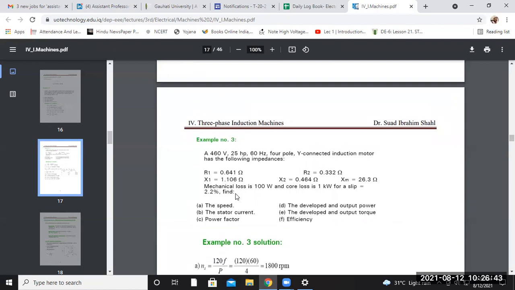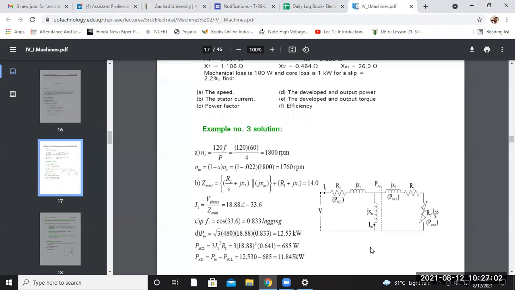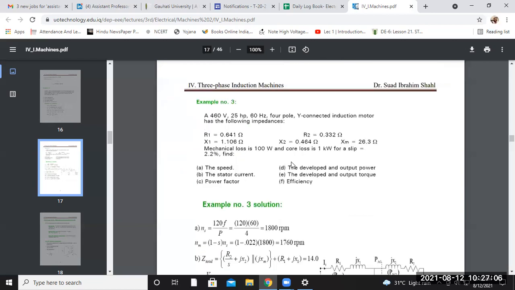First, draw the equivalent circuit diagram of this machine, so that you can easily understand which parameter we have to find and which is given in the question. This is the proper equivalent circuit diagram. V1, the supply voltage, is given as 460 volt.